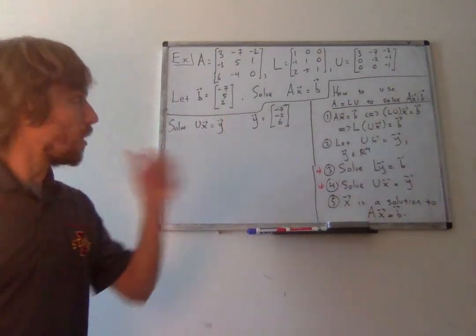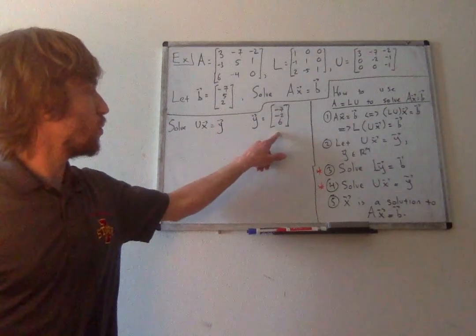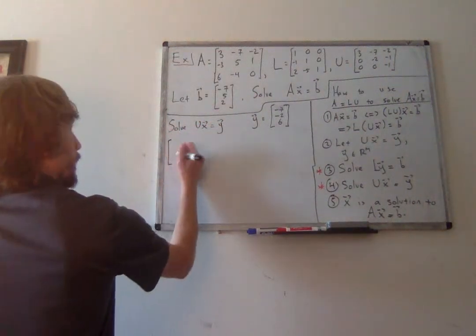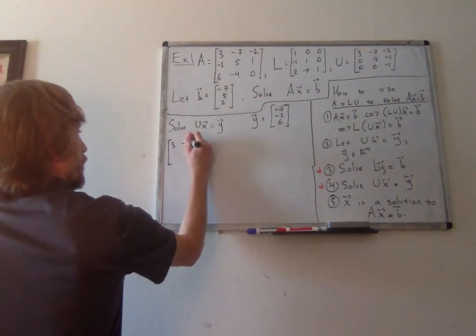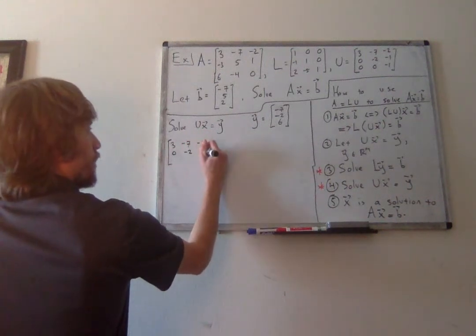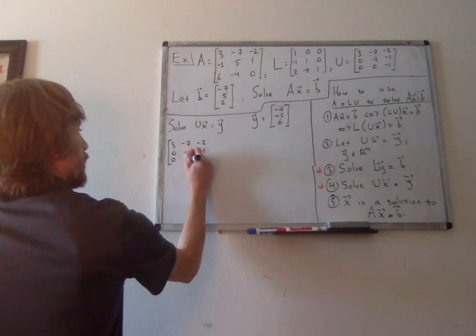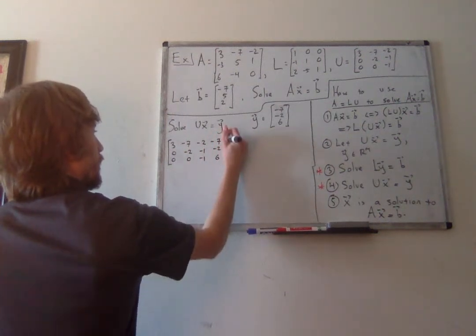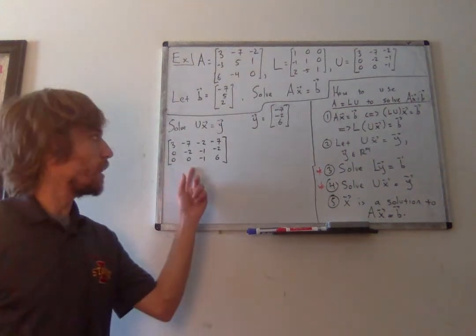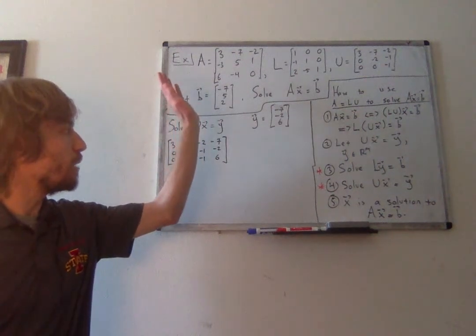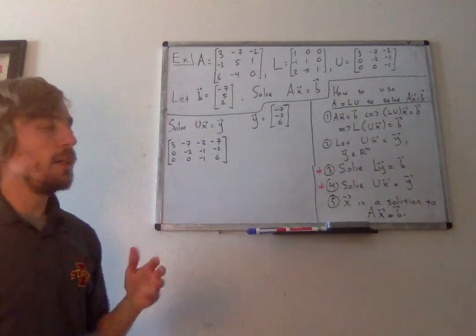Notice now I'm going to use this vector y as my solution vector. So if I were to set up the augmented matrix, I would get the following. And again, because U is in row echelon form, I only have to do the row reduction steps where I clear in the rows above, and this won't take too many steps.